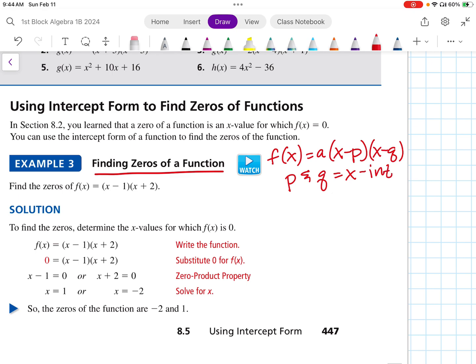Well, why? We know that at an x-intercept, whatever we have on the x-axis, y equals 0 because it's not going up or down at all. We also know that y is our f of x.